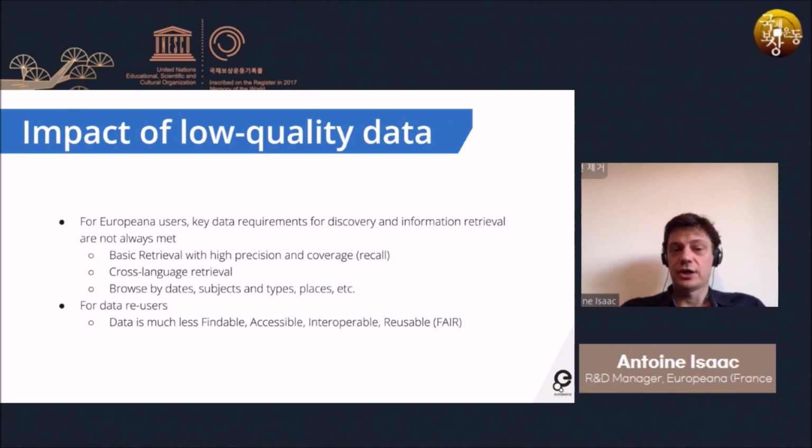It's hard to provide a search and retrieval of objects across languages, across countries. And nowadays, when one wants to build a portal like Europeana, and actually even a cultural heritage portal in general, users want to browse by dates, they want to browse by subjects, so they want a rich access to the collections, and that is not possible if the data is not good enough.